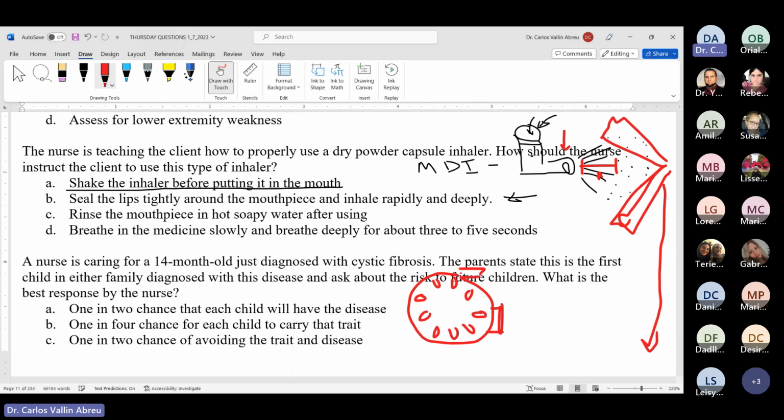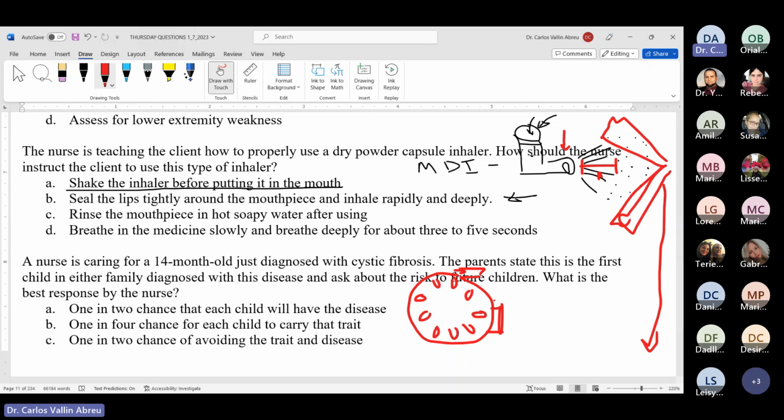The capsules align into position with the mouthpiece, and some needles break the capsule, so the powder is released.